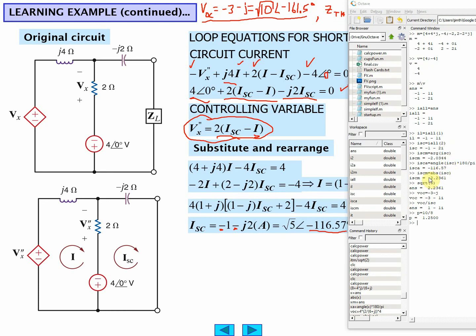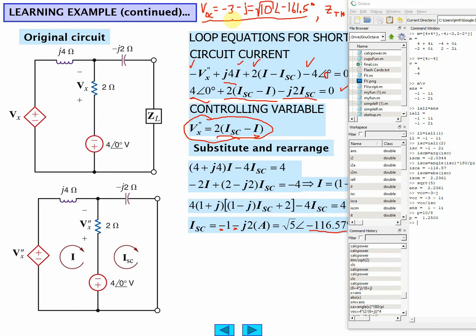The magnitude is the square root of 5. Angle 116.57. If you use MATLAB or Octave, you will notice that it takes care of the fact it's in third quadrant, angle of this complex number. That's kind of cool about that.